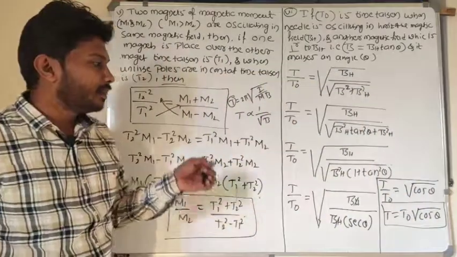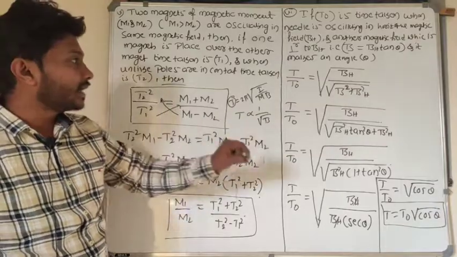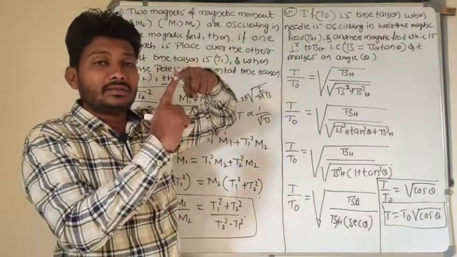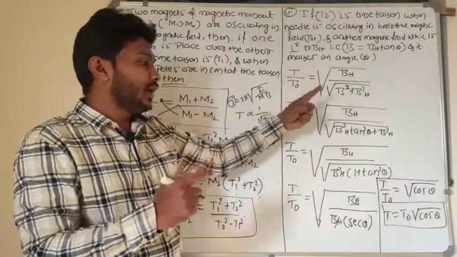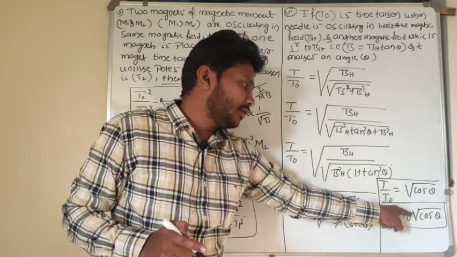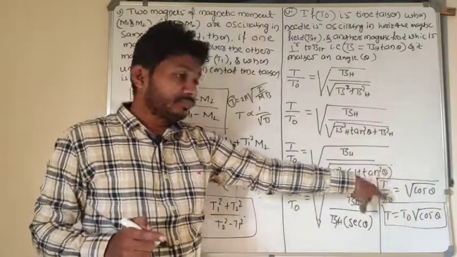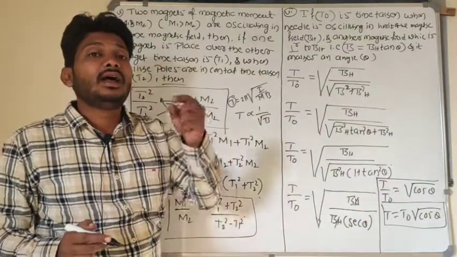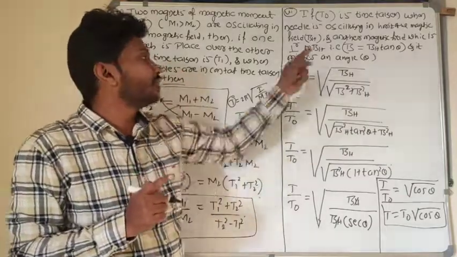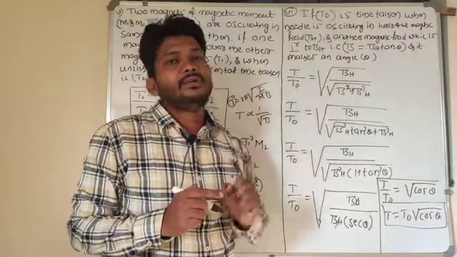This is the relation between time period and magnetic field when horizontal magnetic field and another magnetic field are perpendicular to each other. Then the new time period T is equal to T naught into square root of cos theta. Here theta represents that the magnetic needle gets tilted by a certain angle in presence of B of H and B.